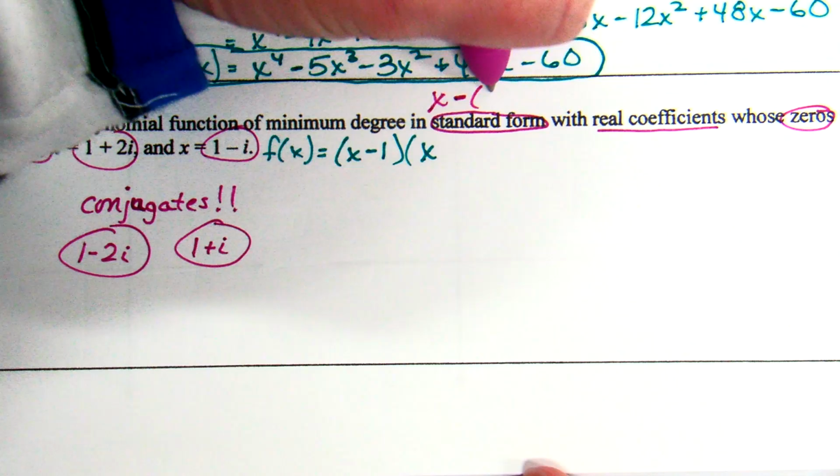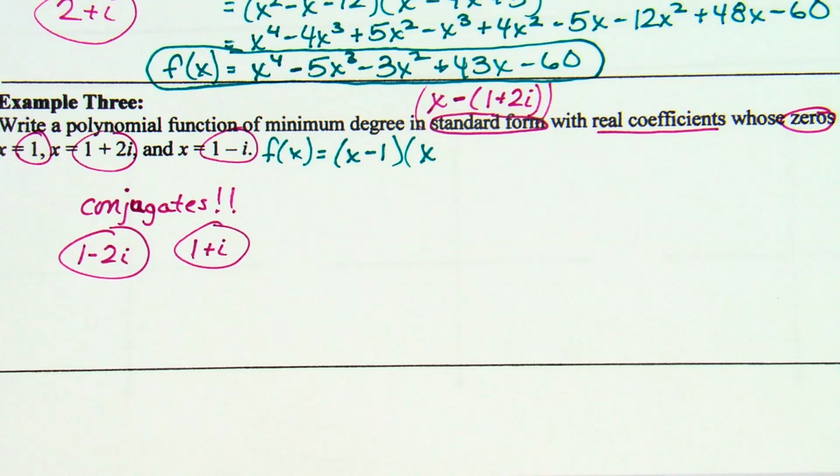Now, if we think that way, then how does that become? If it's x minus (1 plus 2i), that really becomes x minus 1 minus 2i. So when I write this out here, I'm going to write x minus 1 minus 2i.